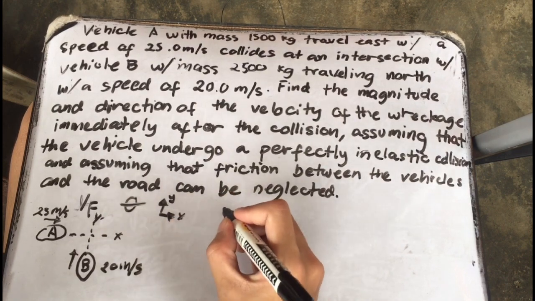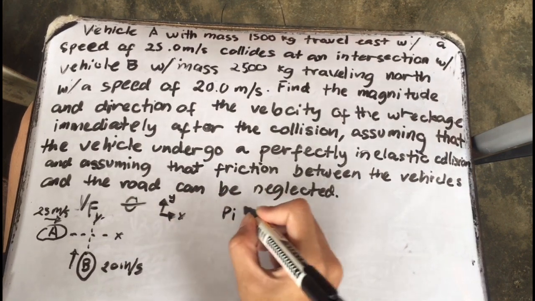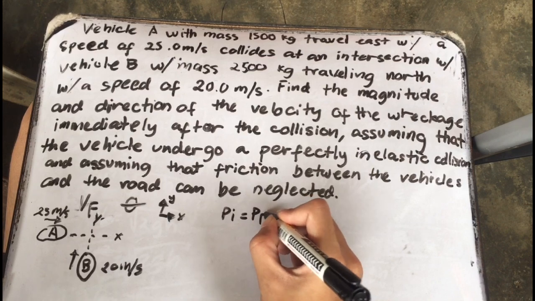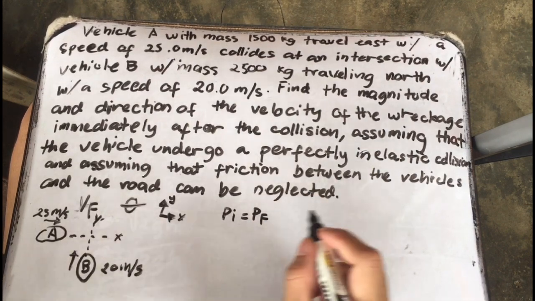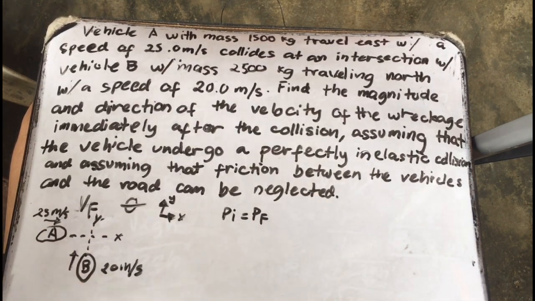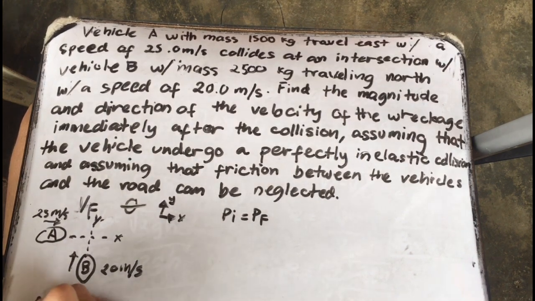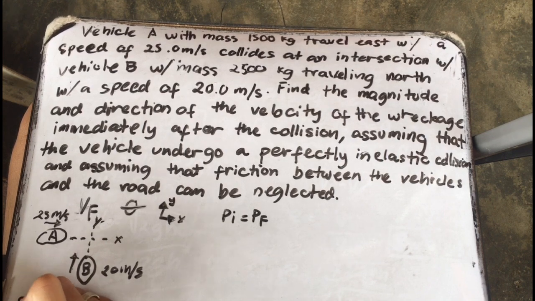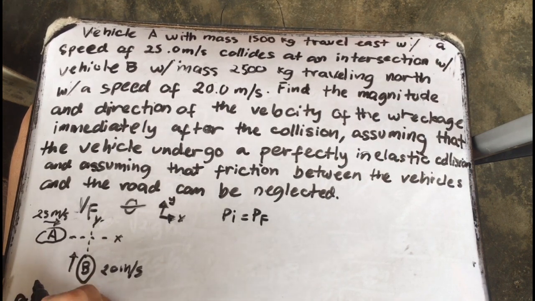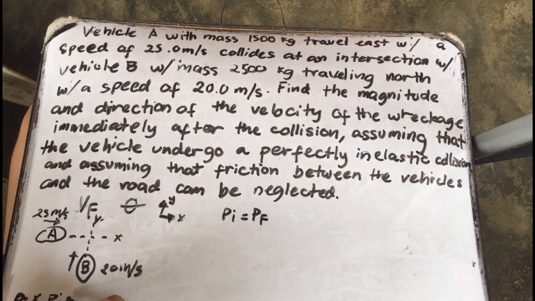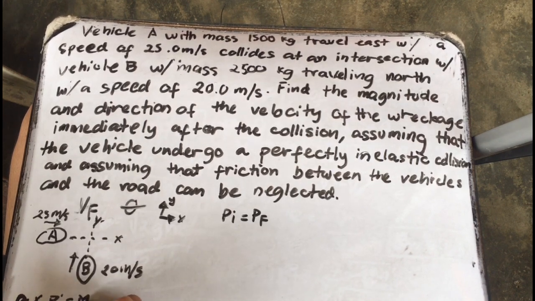So, meron tayong vehicle A na may bilis na 25 meters per second at papunta siya sa right. At yung vehicle B naman, papunta sa north, so pataas, 20 meters per second. So ginamitan natin siya ng conservation of momentum. So, initial momentum is equal to final momentum.